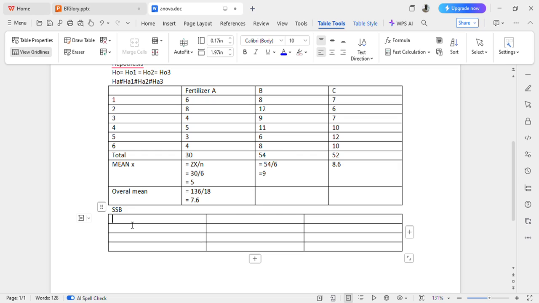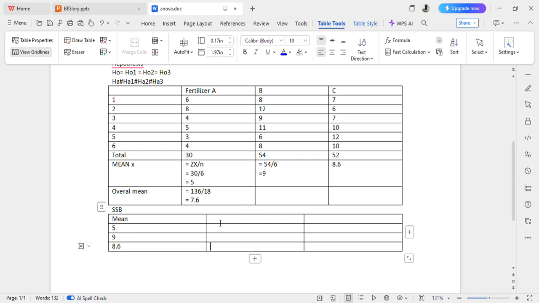So we have the means for the 3. The mean for the first one is 5, 9, 8.6.